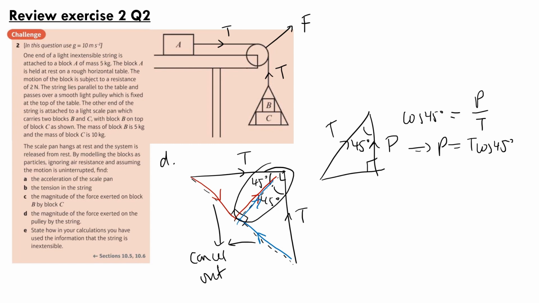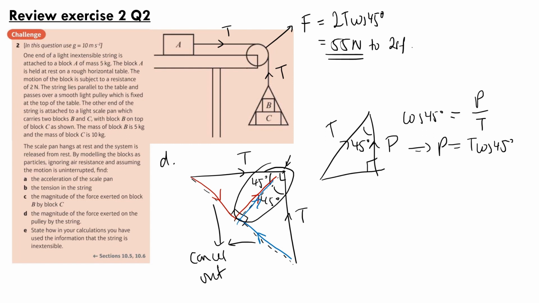Because the pulley stays still, the forces must be balanced. So F is equal to the two forces here, and that is equal to 2T cos 45 degrees. From earlier, we know that T equals 39 newtons. So we have 2 times 39 times cos 45. That equals 39 root 2, or 55 newtons, to two significant figures.